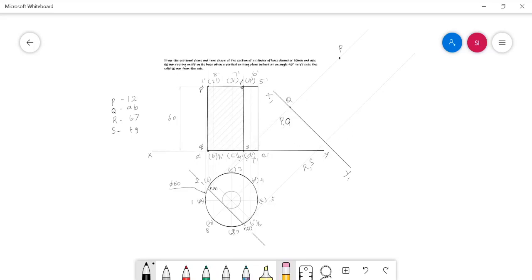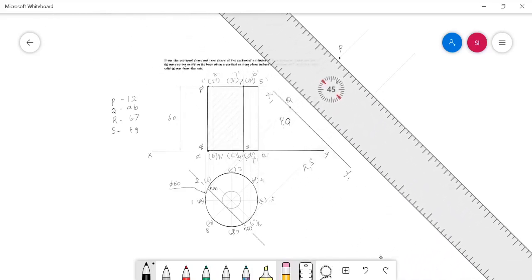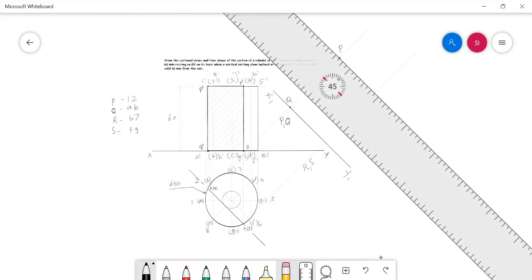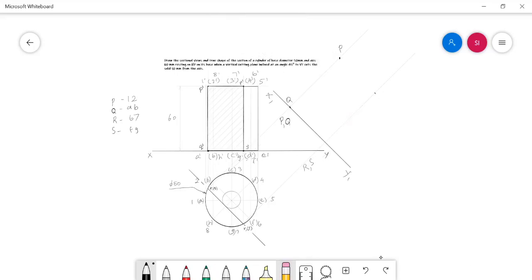Similarly, the cut point R is also 60 mm apart from the xy line. So in the same way I need to mark the cut point R in its respective projector at the same distance between x1 y1 and R. Here I can mark the point R, and the point S dash is on xy itself.